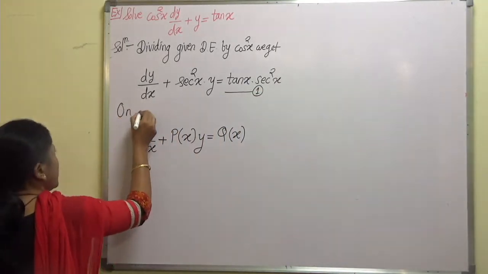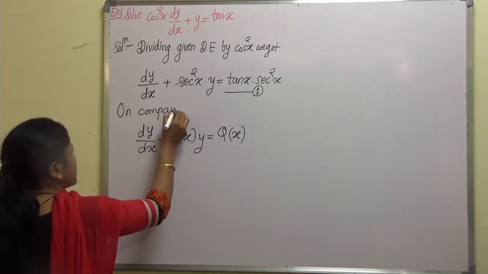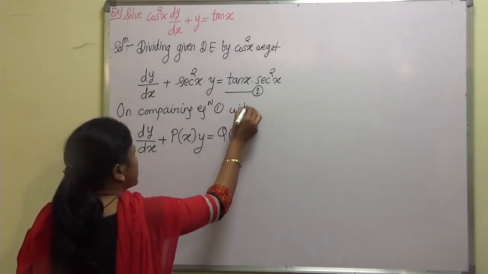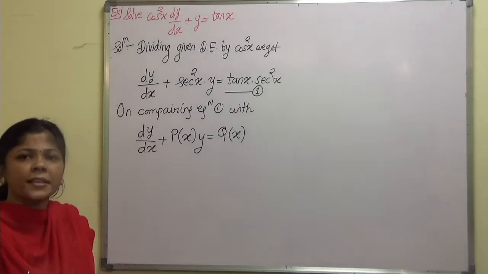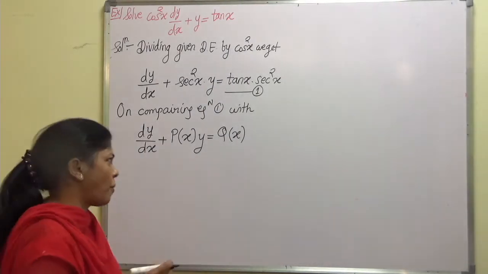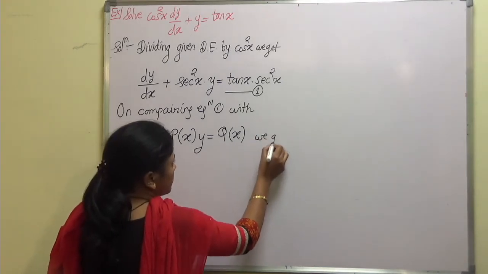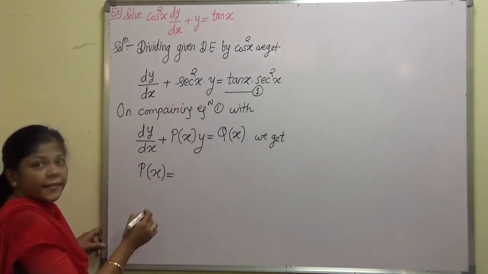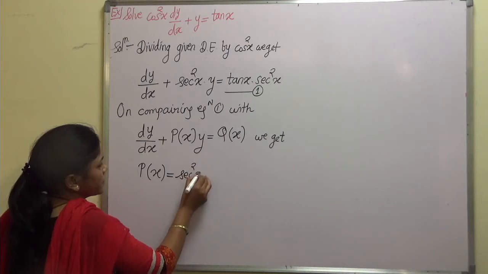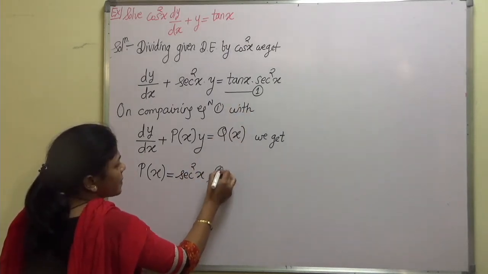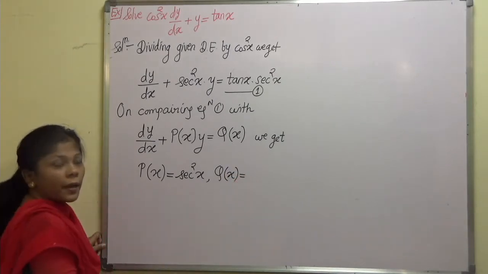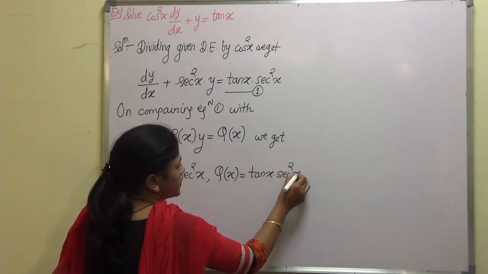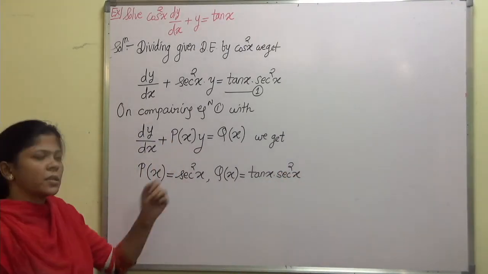On comparing equation 1 with dy by dx plus p of x into y equal to q of x, that is the standard form, we get p of x is sec square x and q of x is equal to tan x into sec square x. So we have these two functions.